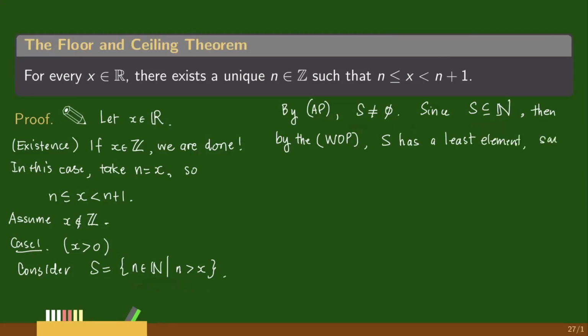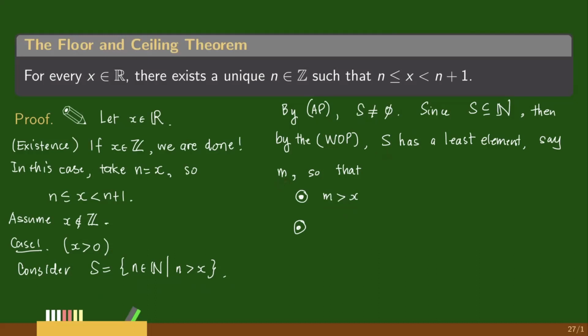Sabihin natin, yung least element na yun ay M. So being an element, may dalawa tayong madederive na properties. First one, M being in S means M exceeds x. Na-derive ko yan from the fact that M is an element of S.